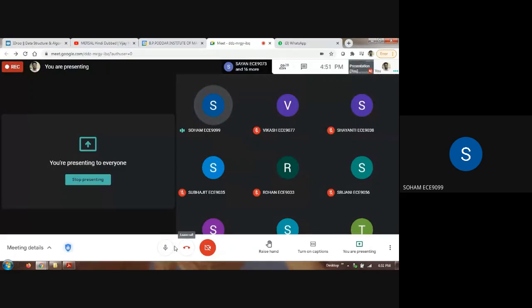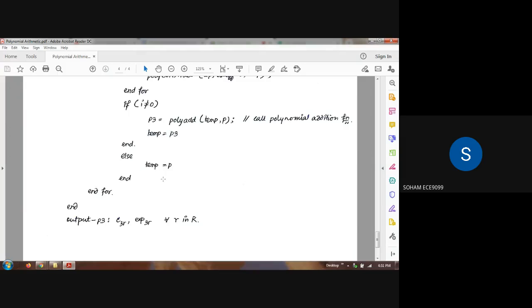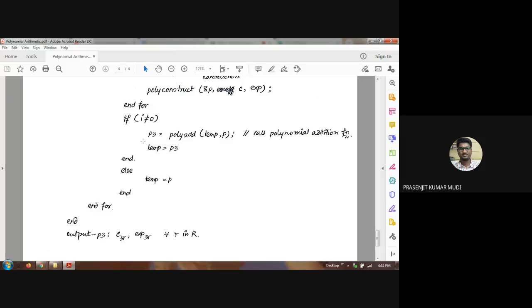Sir, one thing: in the end, temp is also pointing to the final resultant, right? Yes, temp. But sir, we can print temp also, so when this temp is equal to P3, you have understood why this line is required. Yes sir.